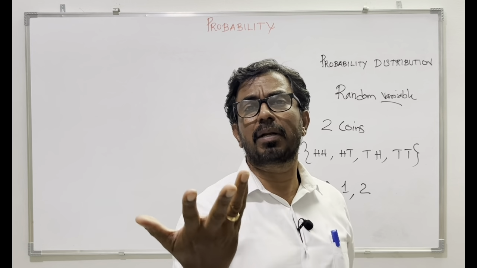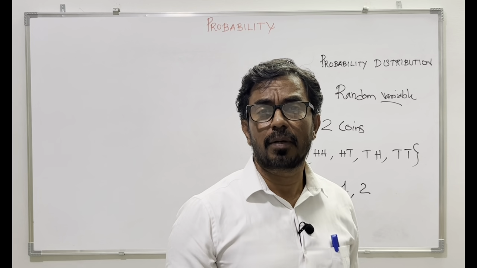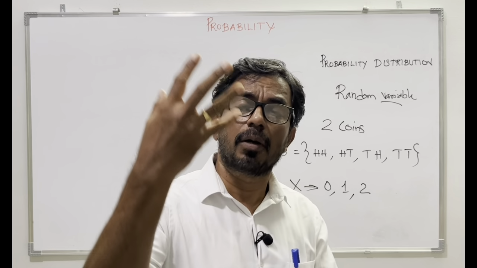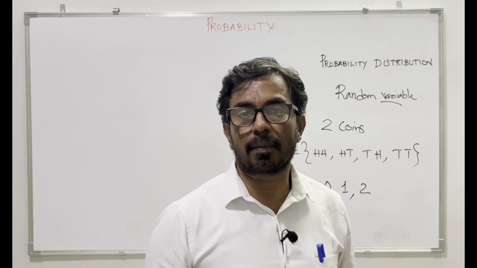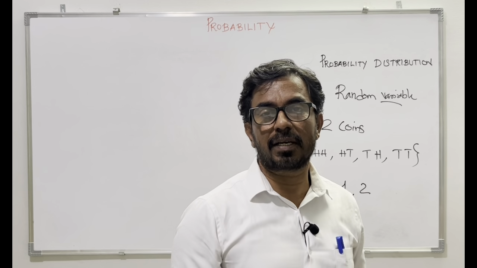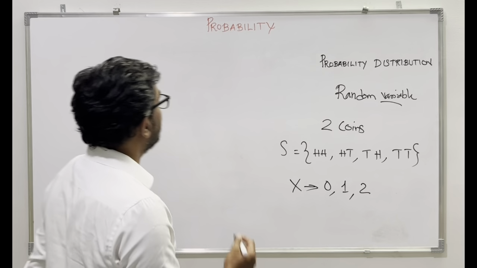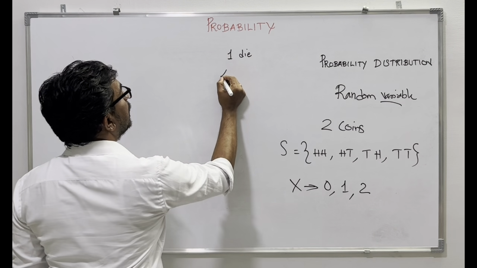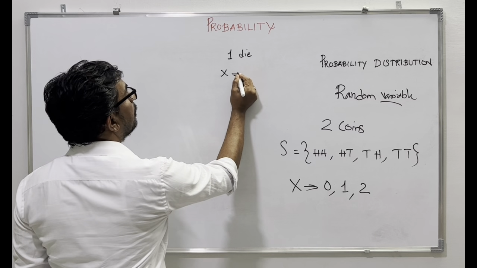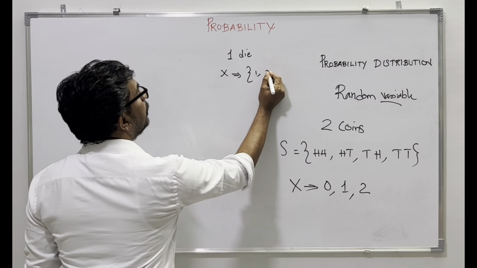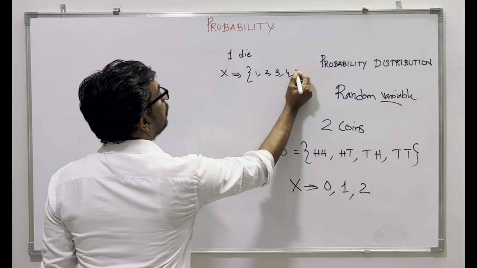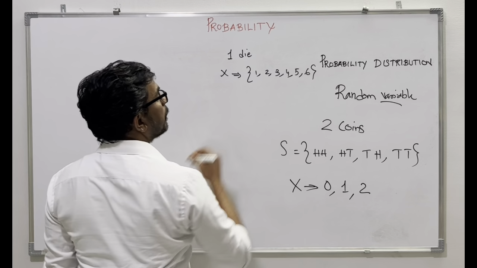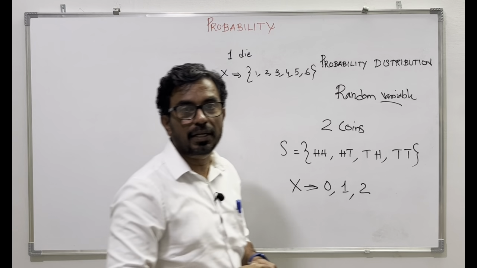Take another simple example, throwing a dice. If we are worried about the face that comes up, and that value is considered as a random variable, then when you throw one die, x is the value that comes up, and it can become 1, 2, 3, 4, 5, 6. So this is a random variable associated with that.